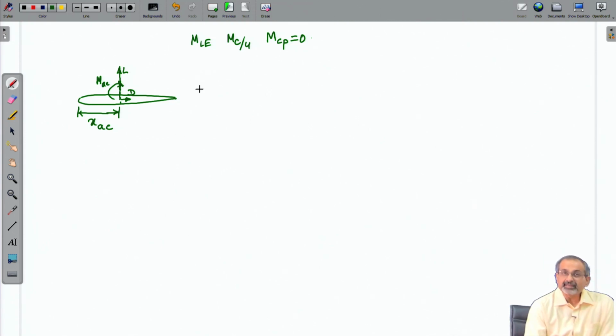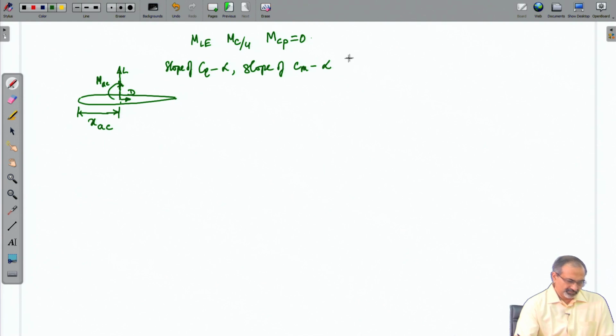So, we can find this x a c provided we have a few details. We need to have the slope of the C L alpha curve, we need the slope of the C M alpha curve, and we need the lift, drag and the pitching moment about an arbitrary point. For convenience, let us set that to be m c by 4.